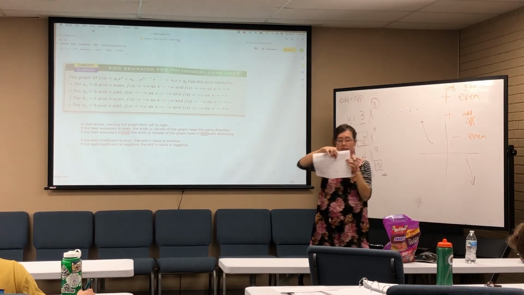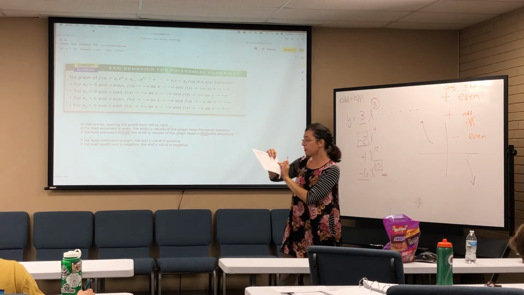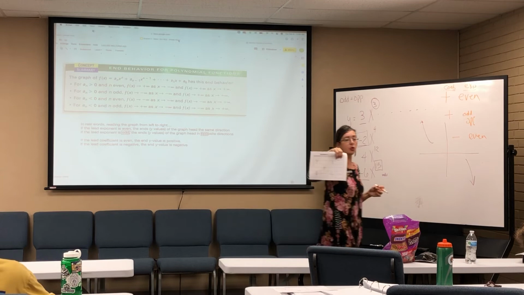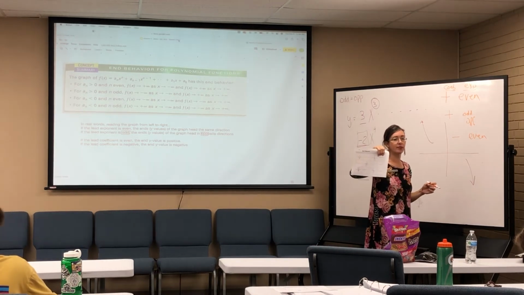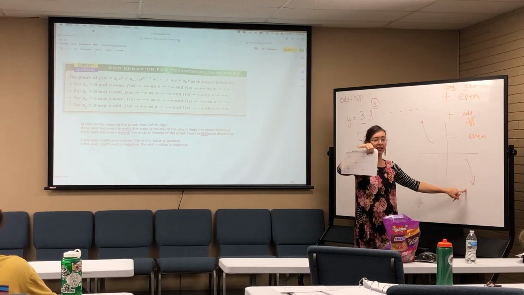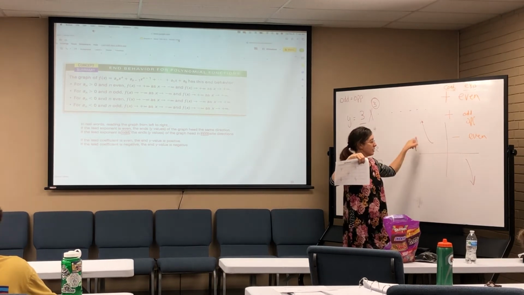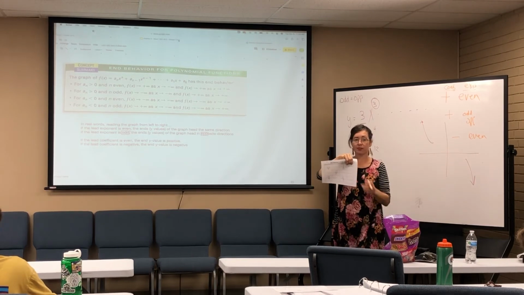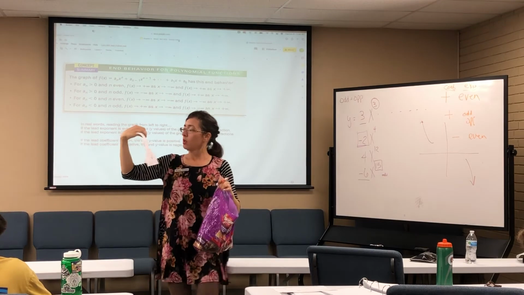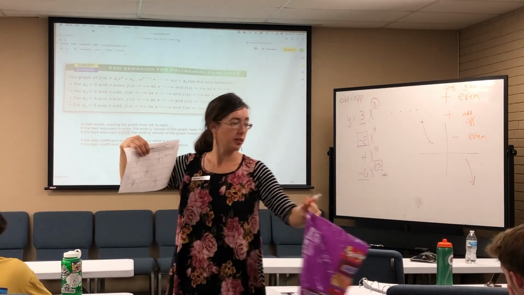Okay, Jace? It says the leading coefficient is -4 and the degree is 7. So it's going to be what? Negative, so it faces negative. And it's odd, so it would look like the one that we have up on the board. Perfect. Ella, do number 6.